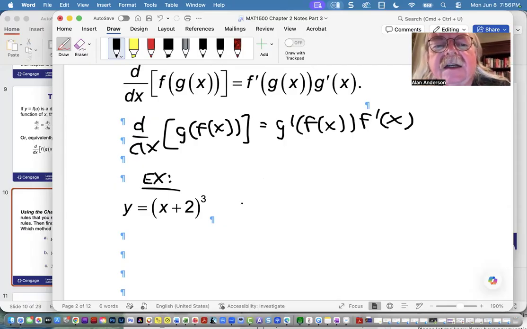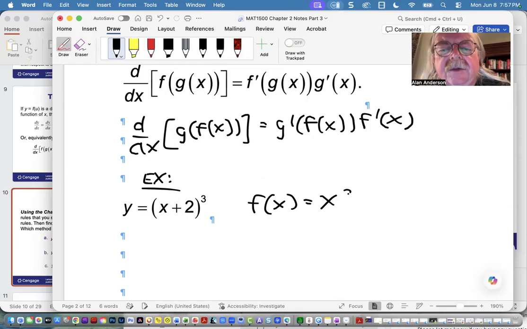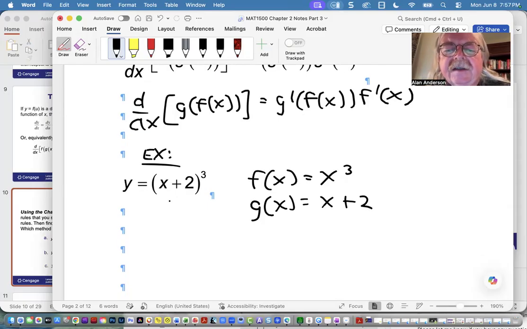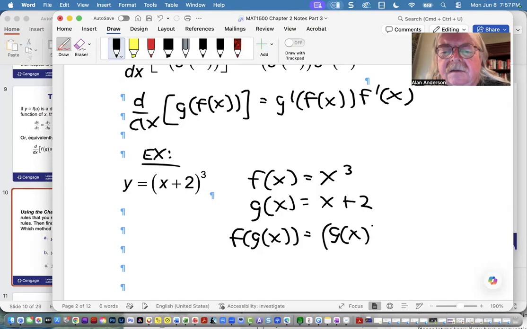You have to recognize that this can be written as f of x is x cubed. And then you let g of x be x plus 2, so that f of g of x would be g of x cubed, which would in turn be x plus 2 cubed.